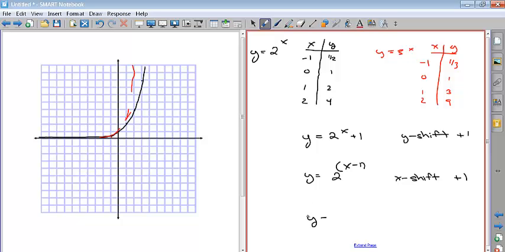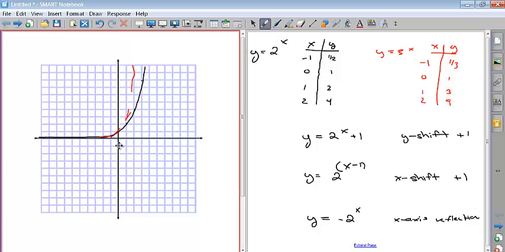Then you have a negative sign out front. And what that does is things that were positive now come out negative. So this is an x-axis reflection.